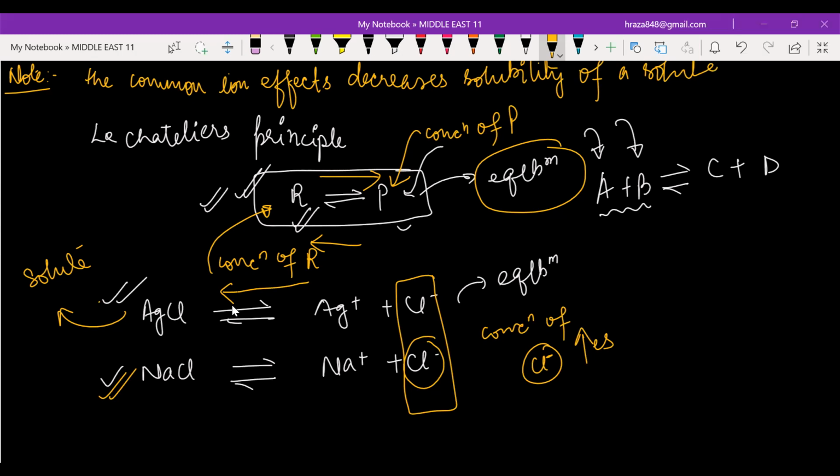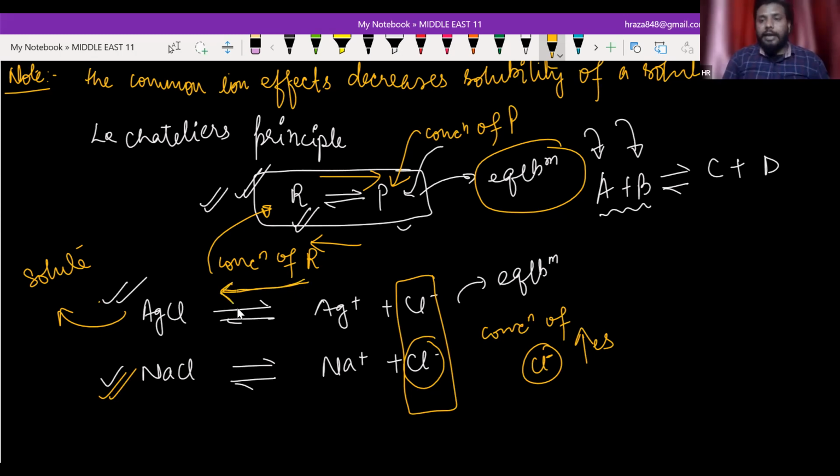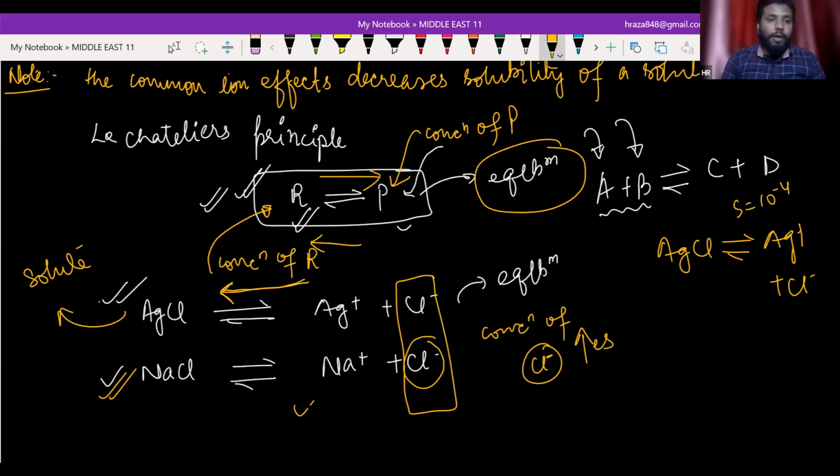So if it will move to the left hand side in AgCl, that means the solubility, in the first case it was alone AgCl in water, so it has solubility something, just suppose 10 raised to the power minus 4. Now in common ion effect, if it will move to the left hand side, that means the reactant side, that means solubility decreases, right?